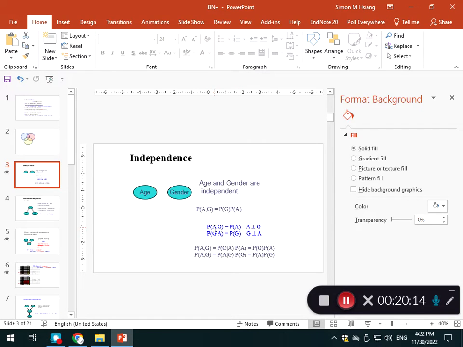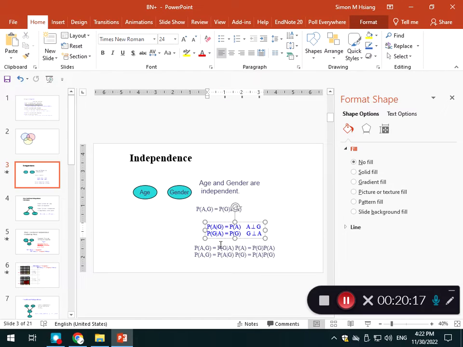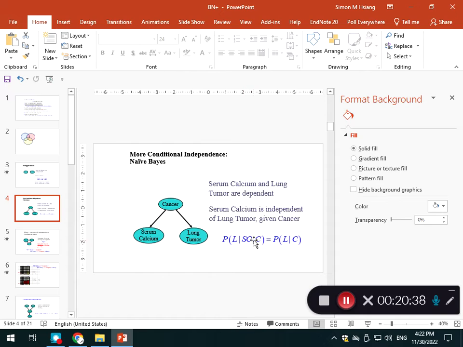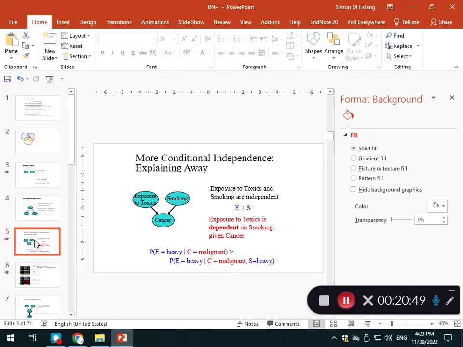If I say, given that you are UNCC students, then the statement P(A given G and UNCC) becomes P(A given UNCC), and then I know it's conditional. But now, given C, this SC doesn't provide you that information. This is conditionally independent.